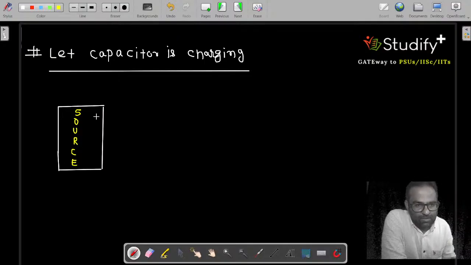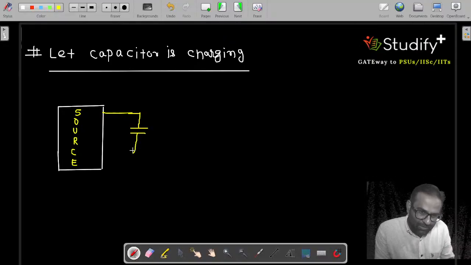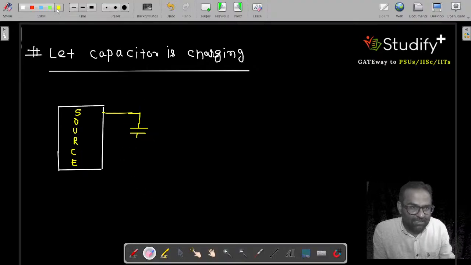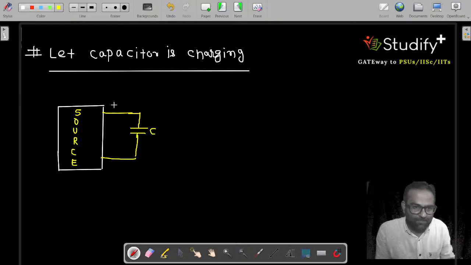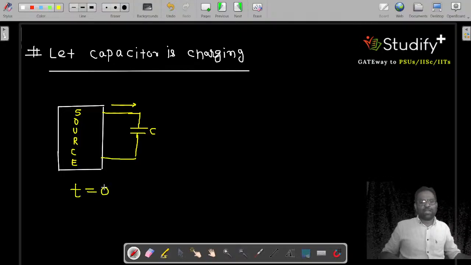When I connect this source to the capacitor C, let's say t equal to 0 is our reference time, whenever I connect this capacitor to the circuit.